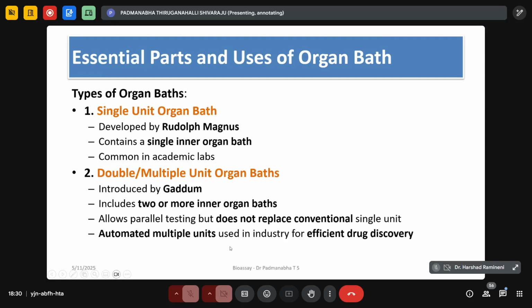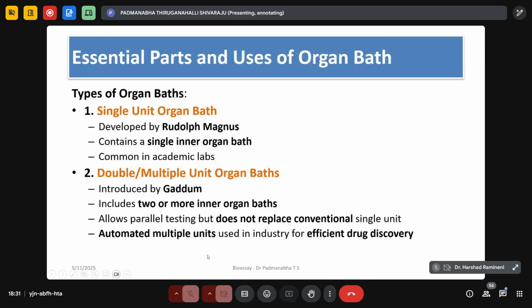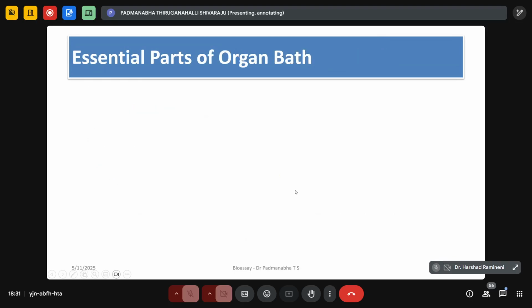Automated multiple units are used in industry. When compared to multiple single unit organ baths, the multiple organ bath is automated and gives more efficient responses and results in terms of drug discovery. So on the industrial side, they use the multiple unit organ baths.